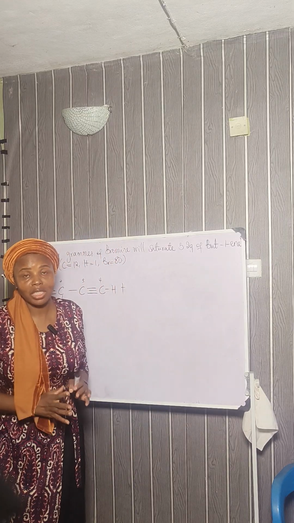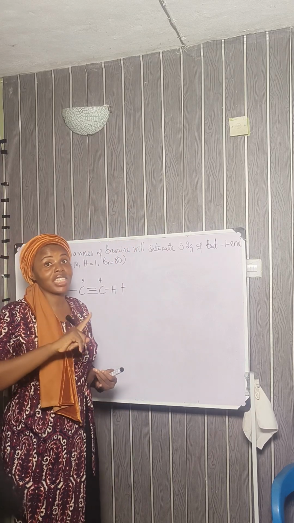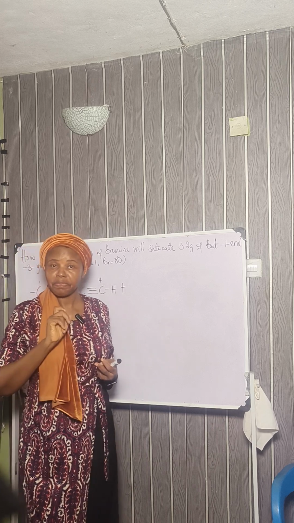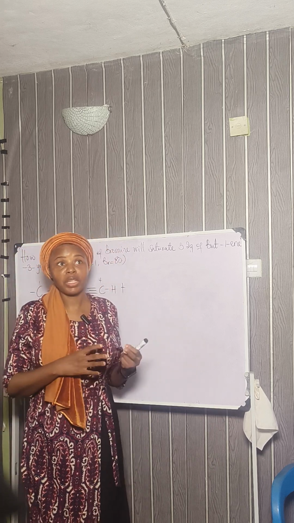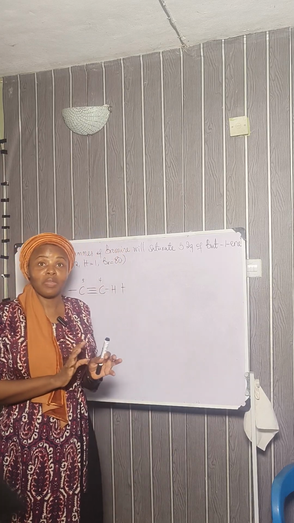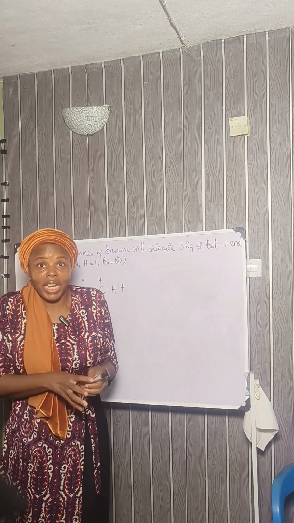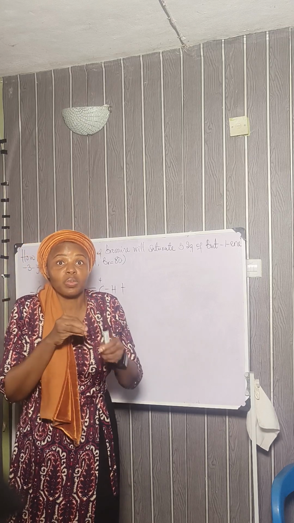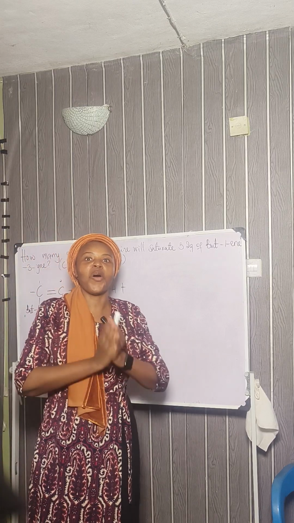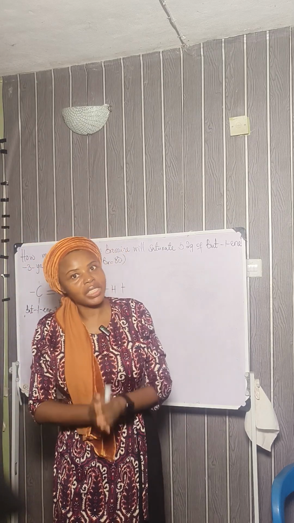When you want to write your reaction, the equation of reaction is very crucial in chemistry. And not just writing the equation of reaction, you must make sure that the equation is balanced. Also, if you are doing WAEC, you must make sure that you are very conversant with the states of matter, whether they are solid, liquid, aqueous, or gaseous. When you are writing that equation of reaction, this must be put into consideration if you are aiming for A1 in WAEC, NECO, or GCE.